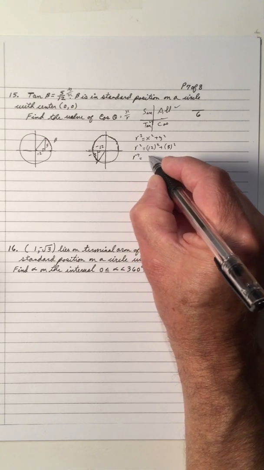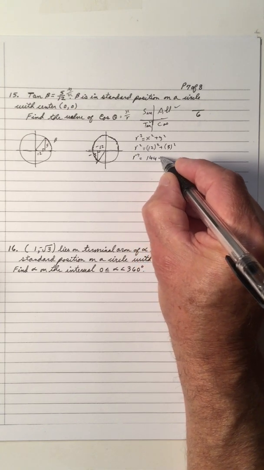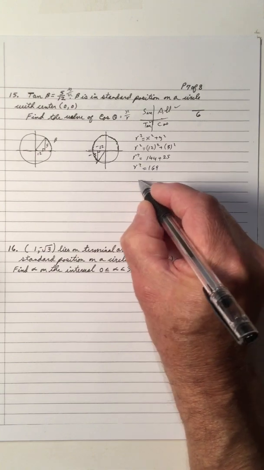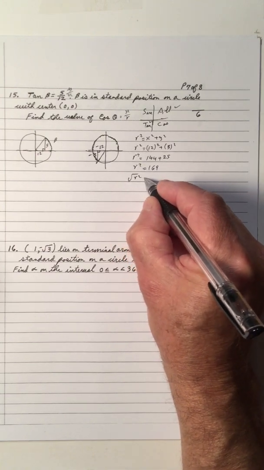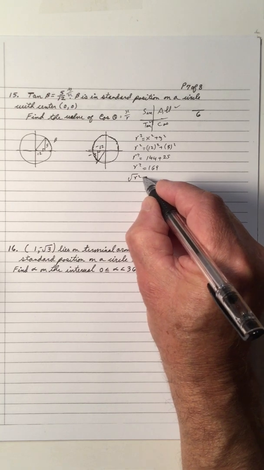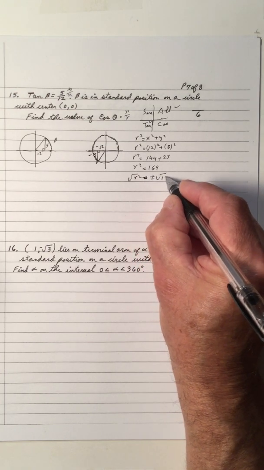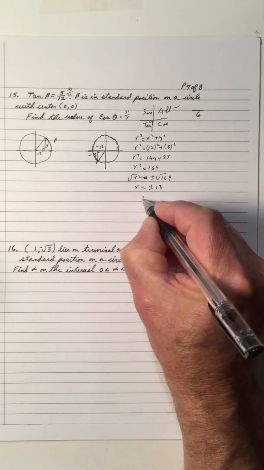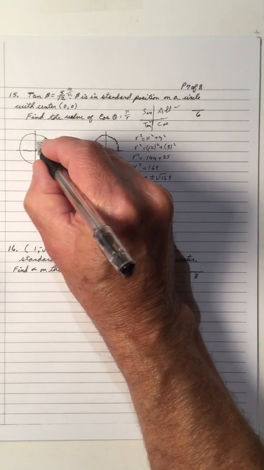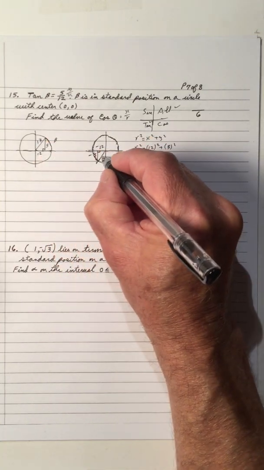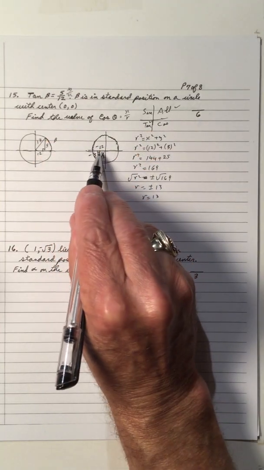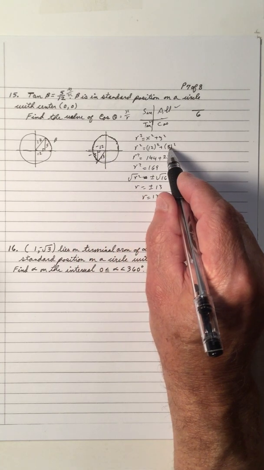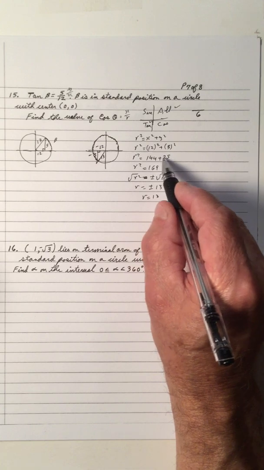So 12 squared is 144. 5 squared is 25. r squared is 169. The square root of r squared is plus or minus the square root of 169. r is plus or minus 13. So the radius is 13, because the radius is always positive. So notice if we put a -12 and a -5 in here, when you square, you still get these same numbers.